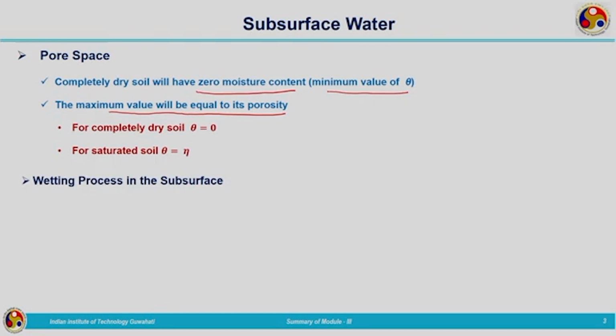After seeing the pore space, we moved on to the wetting process. We considered relatively dry soil, and how wetting takes place within the subsurface. In a relatively dry condition, there will be only adsorbed water. Adsorbed water is present in the soil in the dry state.